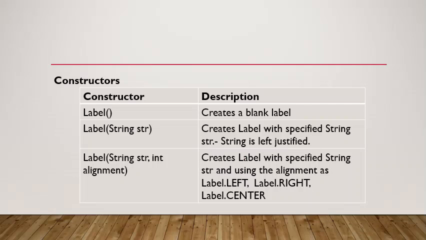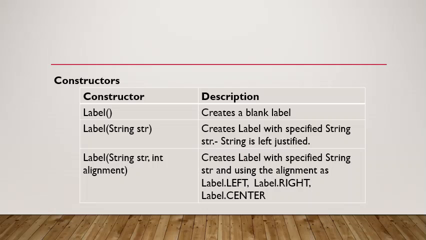But by default it will be left justified. If you want to put it as right justified or centrally aligned, what to do? For that we'll have to use the constructor with 3 parameters. The first is the string, whatever you want to display, and the second parameter is alignment.